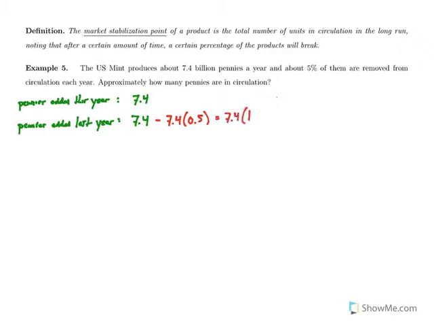So total, we have 1 minus 0.05, or 7.4 times 0.95, is how many pennies we have from the previous year.